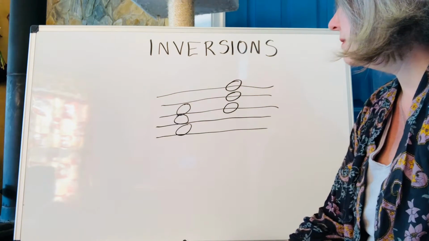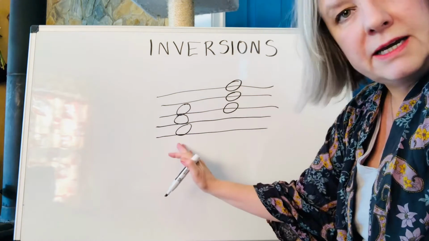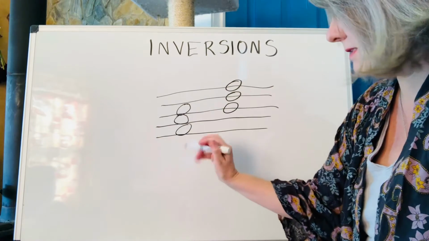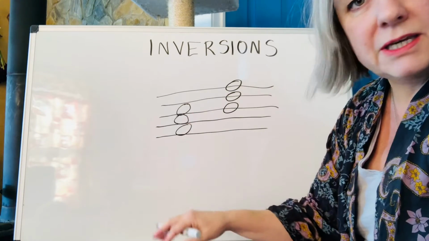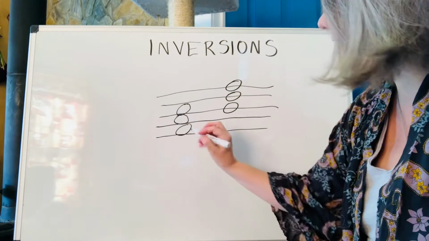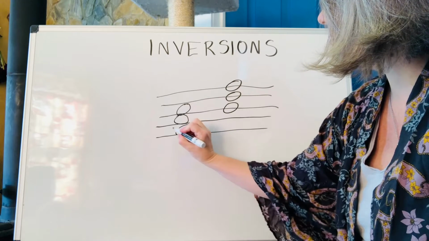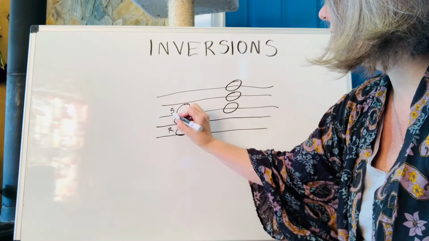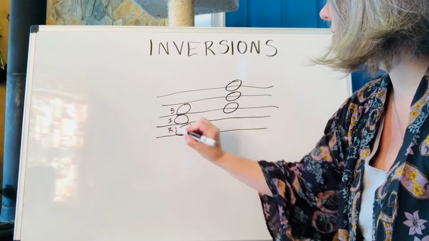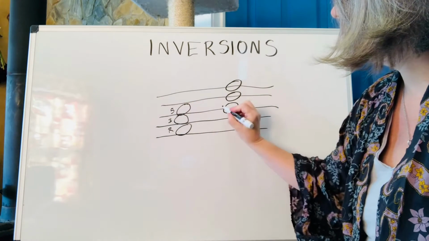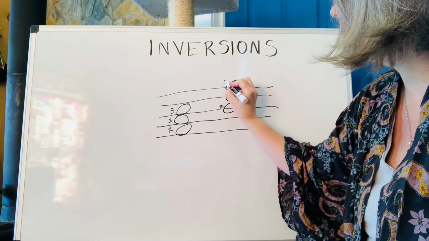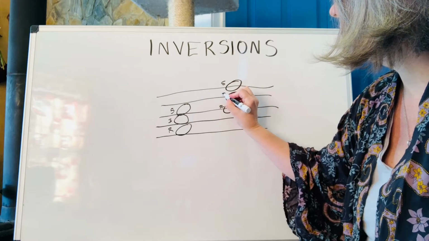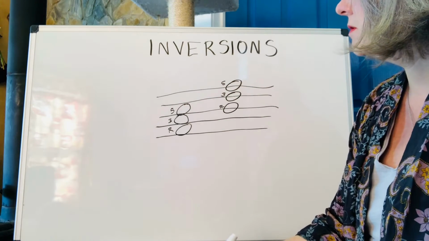Now, within a triad, their positions have names, regardless of what key or anything like that. So it's root, fifth, and third. Root, fifth, and third.